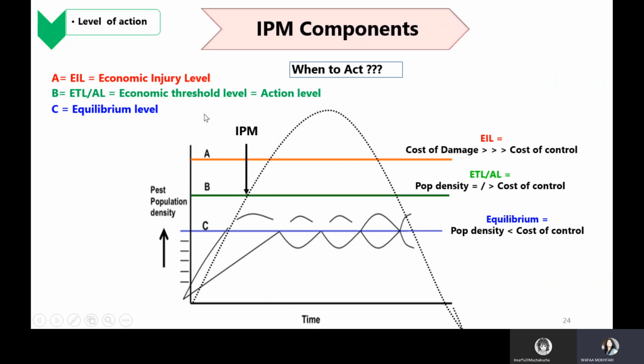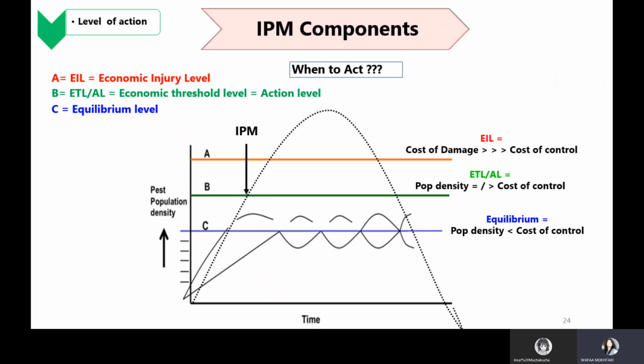It is really confusing if we start just after seeing the problem. But what about doing some prevention? And what about knowing exactly my crop and my pests or my disease?